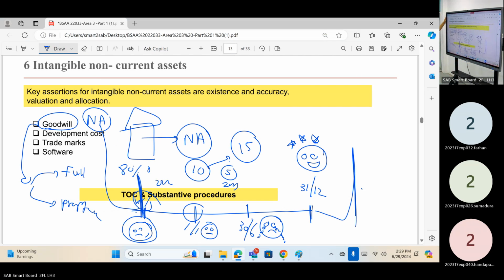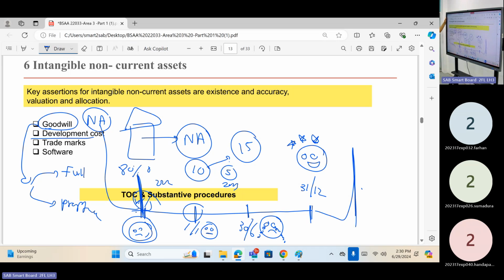So, what are the substantive procedures? Basically, what evidence do you need to gather? You can have an inquiry with the management, right? And gathering and reading board minutes, and then cash payments, payment approval, and then technical approval for development cost.